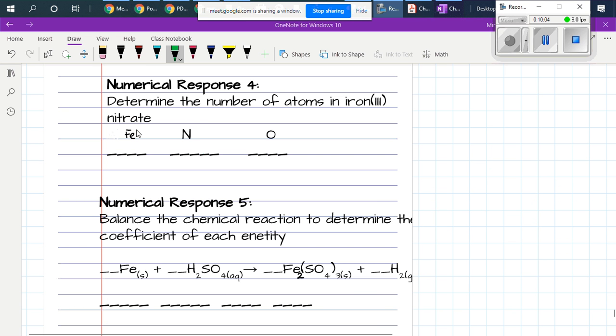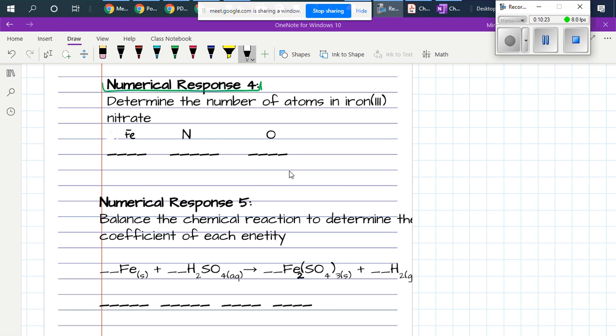Okay, let's move now to numerical response number 4. And on that question, there is a typo as well. Okay, so now what we are doing is defining the number of atoms in iron 3 nitrate.